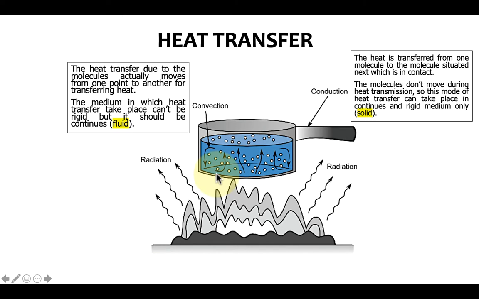As the heat energy increases to boil the water, the molecules at the bottom of the pan will move and circulate to the other areas in this pan. The medium in which heat is transferred by the movement of these molecules is a continuous medium, like fluid. Fluid is either liquid or gas.